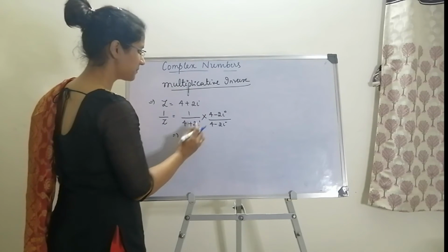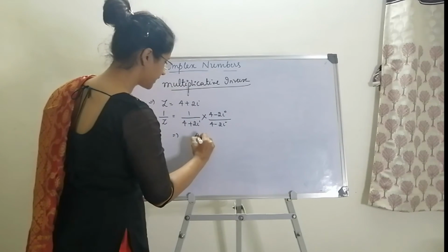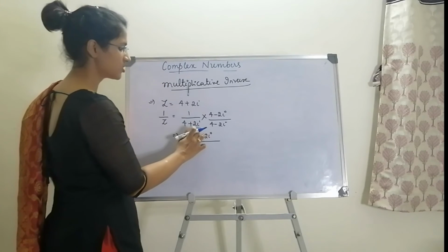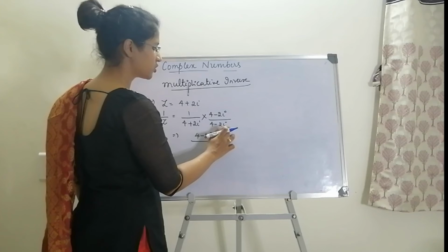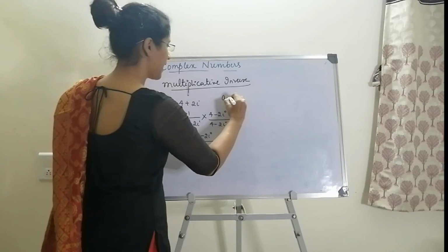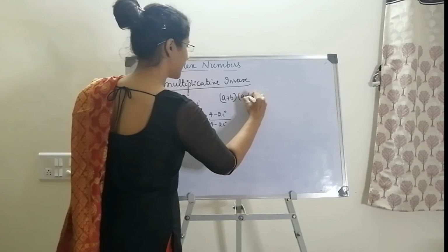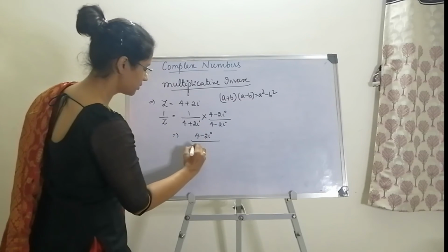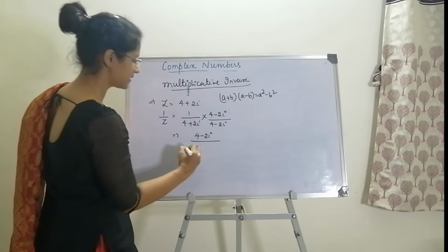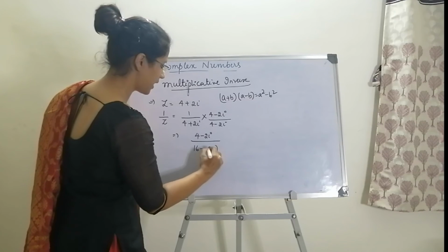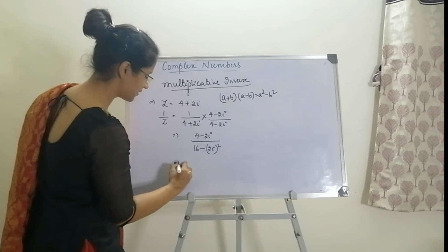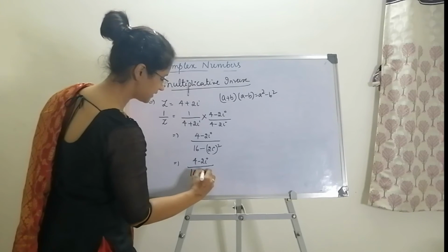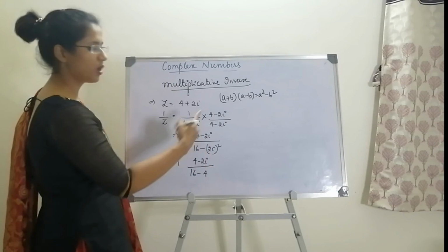So when I rationalize, I will get this as 4 minus 2i divided by 4 minus 2i. Again, start multiplying the terms in the numerator. I will get this as 4 minus 2i divided by 4 plus 2i into 4 minus 2i. Again this resembles a plus b into a minus b, which is a square minus b square. So substitute: a square minus b square is 16 minus 2i the whole square. So this can be written as 4 minus 2i divided by 16 minus 4 into i square.